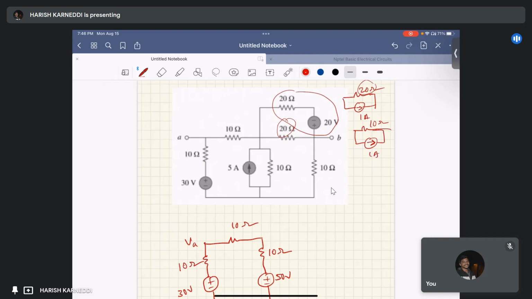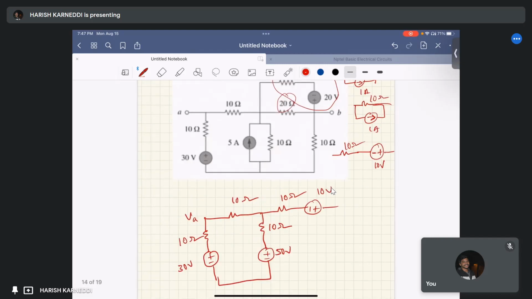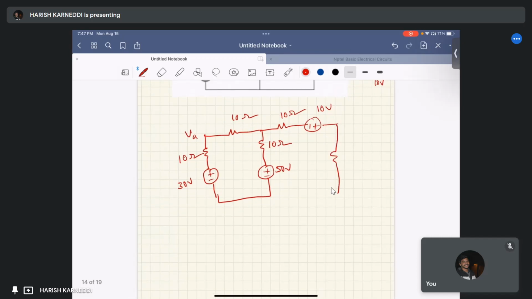Again, I am doing the source transformation, that is 10 ohm remains 10 ohm, and that 1 amp becomes 1 amp into 10 is 10 volts, right? 10 ohm, 10 volts, 10 ohm. This is VB. Okay, this is our final circuit.